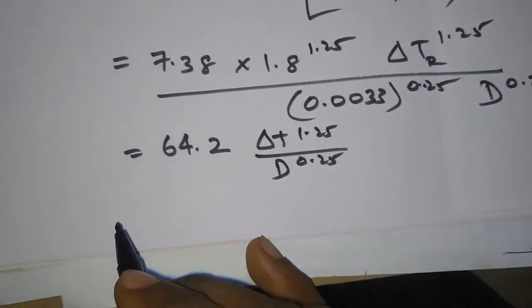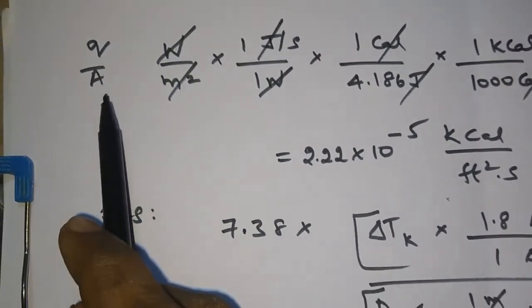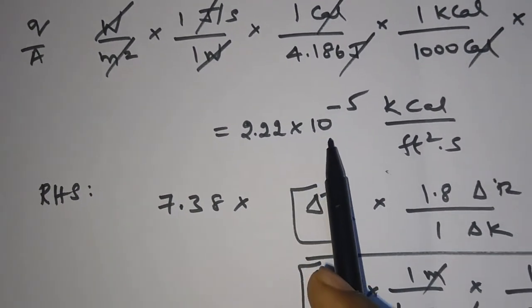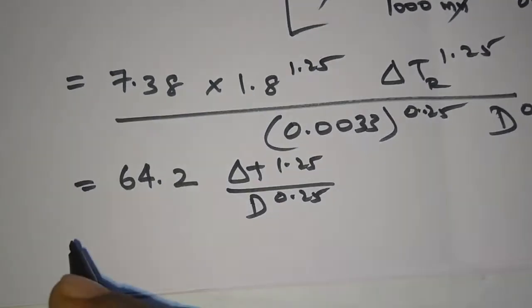Now on the left hand side we have found a conversion factor: Q by A is 2.22 into 10 power minus 5 kilocalories per feet square second. So we have to do the same here.